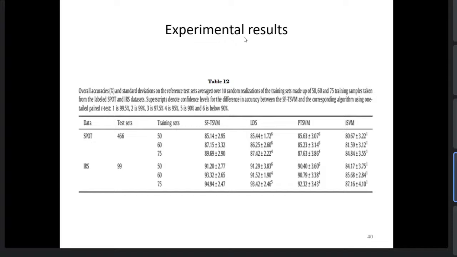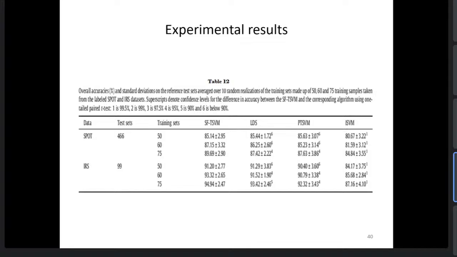From the remaining 466 samples, we randomized 10 times and took 50 samples in the first case. Then we used this training data to classify the test data. All of these are labeled samples, as I have already told you.